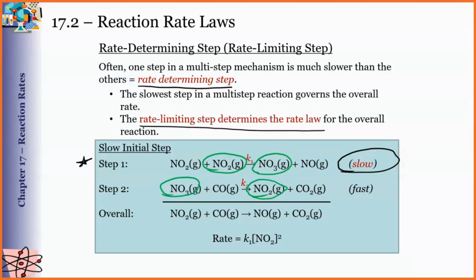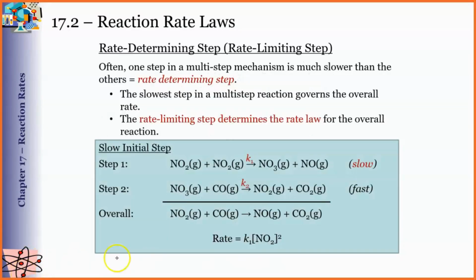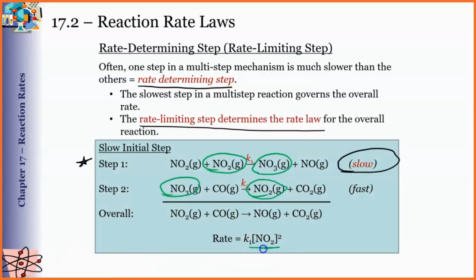Because the slowest step is our rate determining step, I'm only interested in the concentration of NO2 because that's here in my rate determining step. I didn't include the intermediate. And the reason I raised it to the second power is because I have two NO2s that I started with.